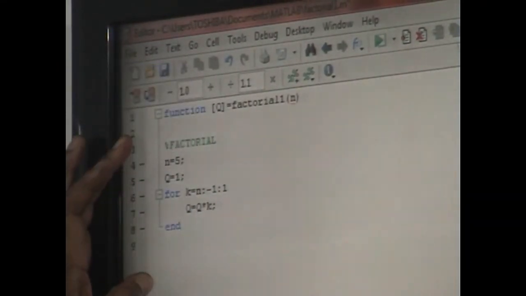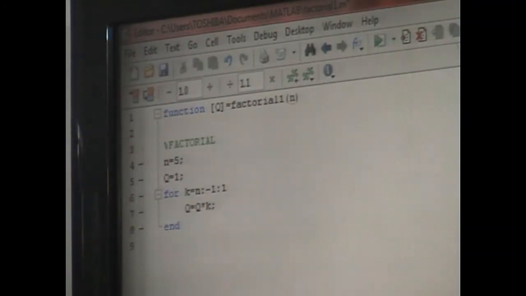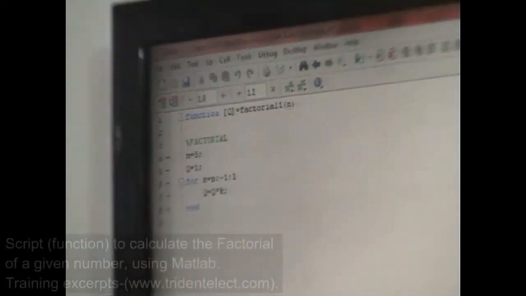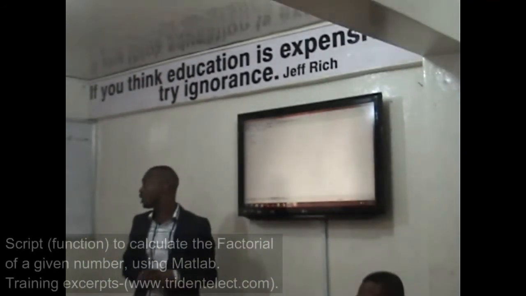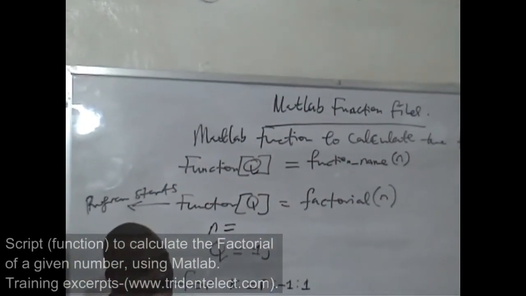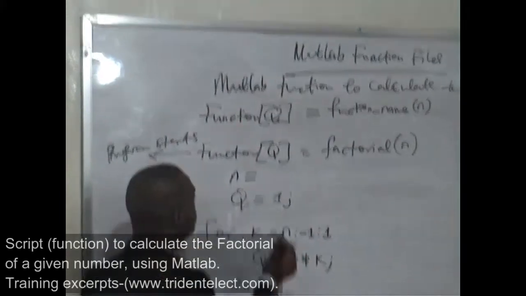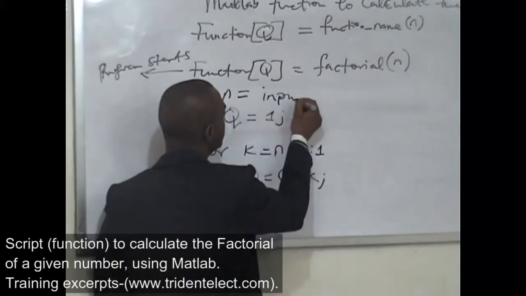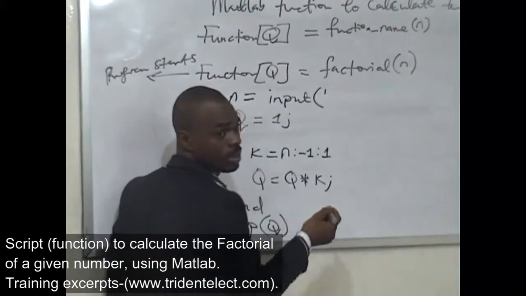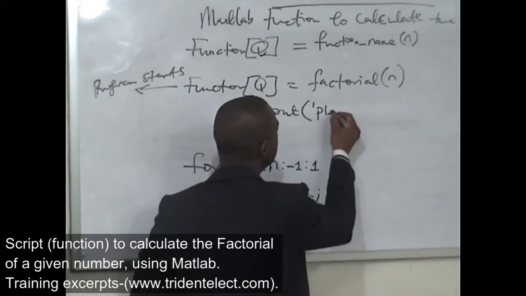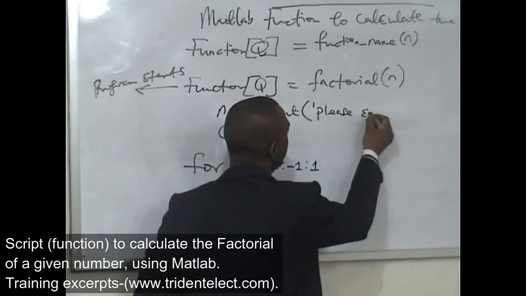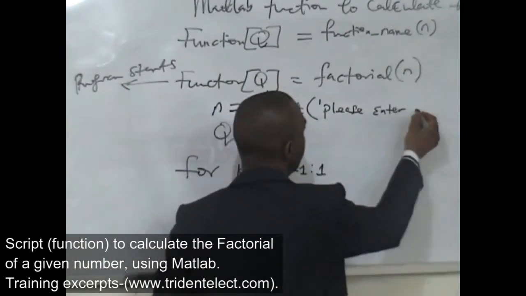So we want a situation where the user is going to input some value, and it will compute the factorial. We are going to use the Matlab command called input. So n equals input, please enter number.